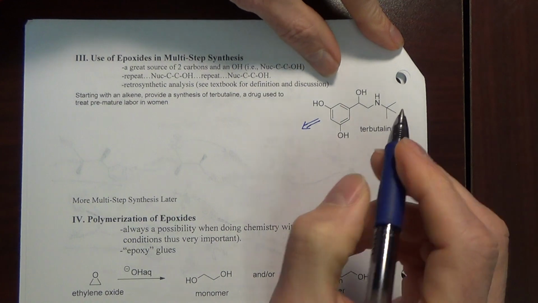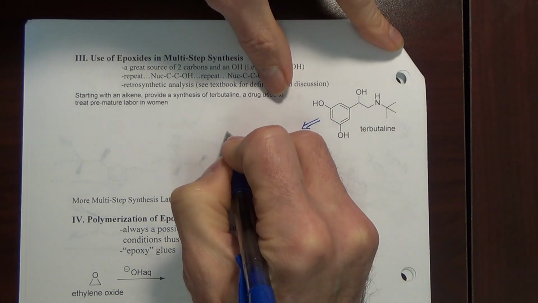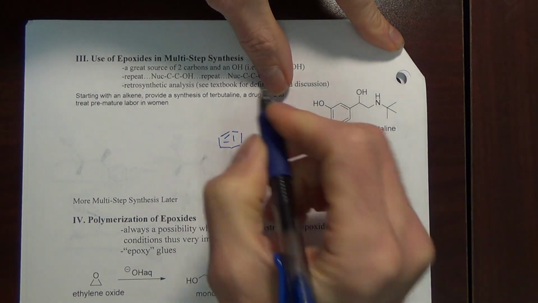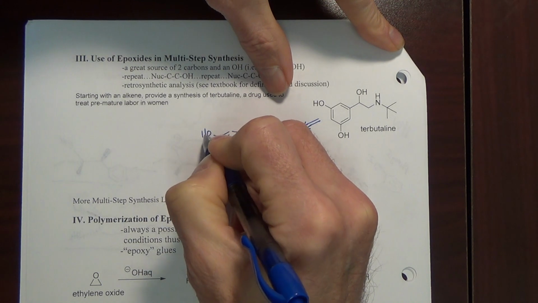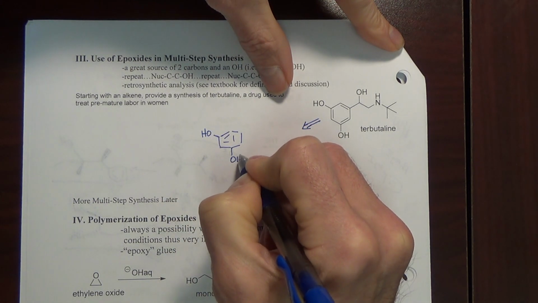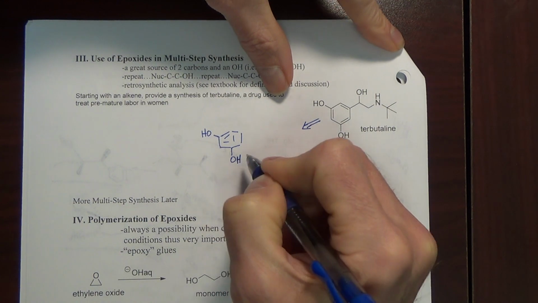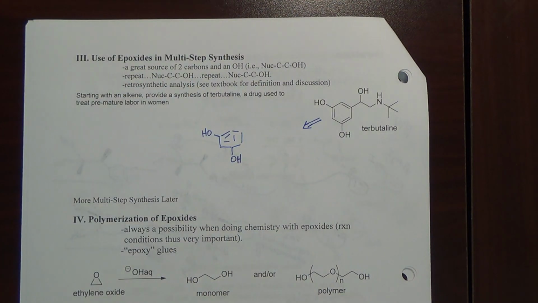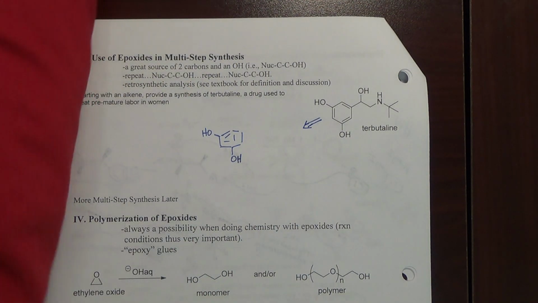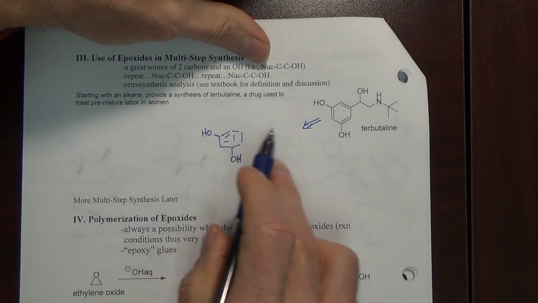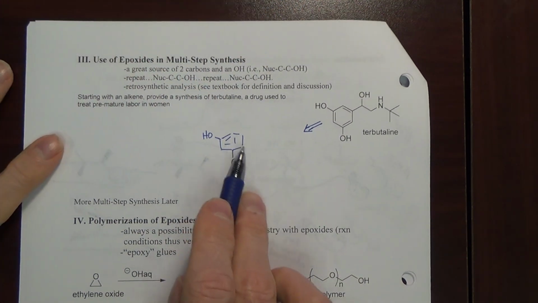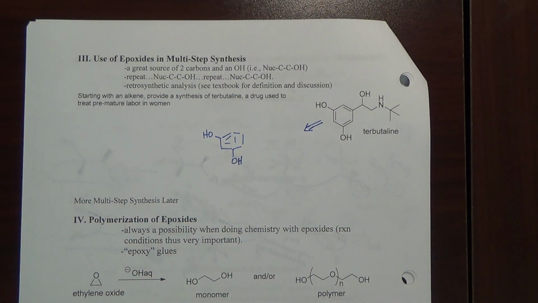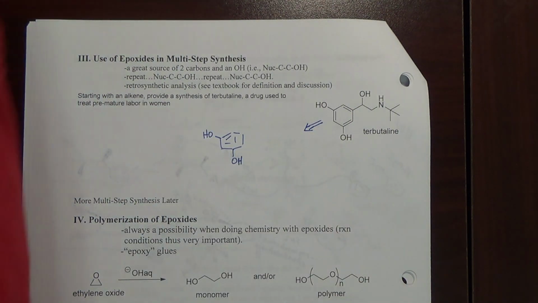Retrosynthetic arrow. And back this up to what? See if you can back it up. What would be the 2 reacting molecules to provide terbutaline? Keep it in mind, we're exploring the use of epoxides.